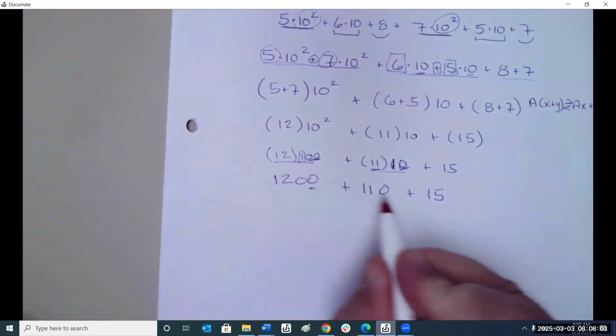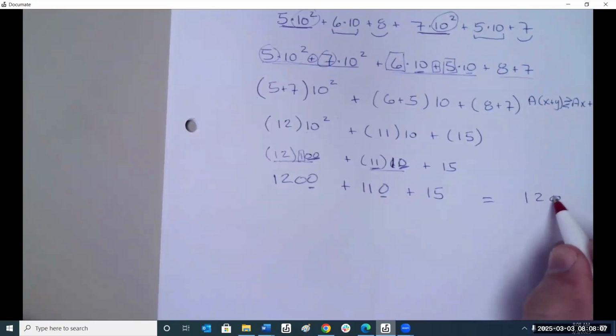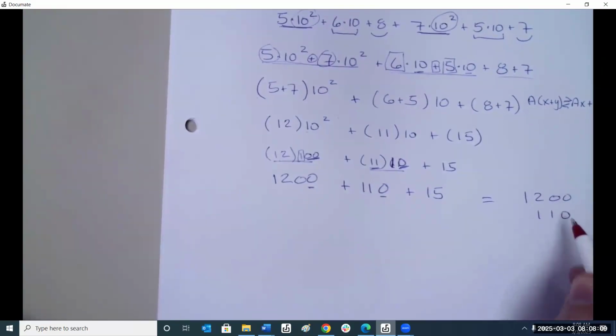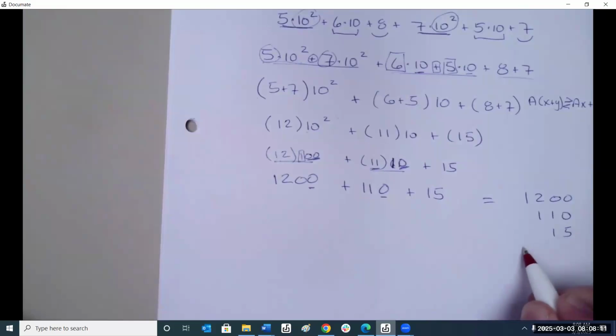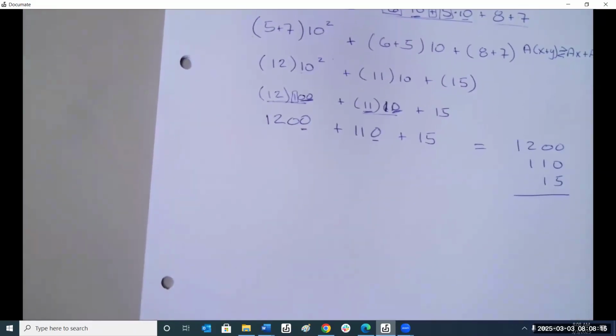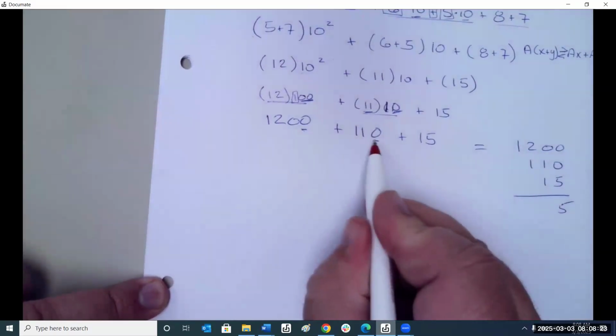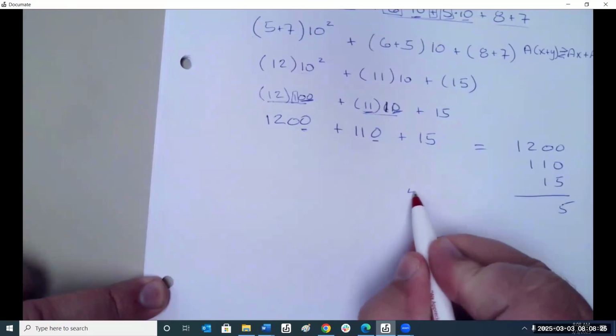Look at this first column. This is the same as this number. So typically we look at the first column, that's 5. So it's 0 plus 5 is a 5.